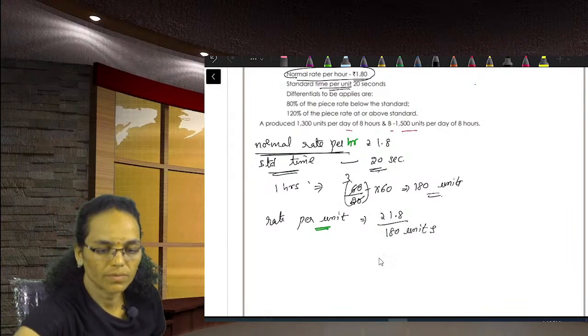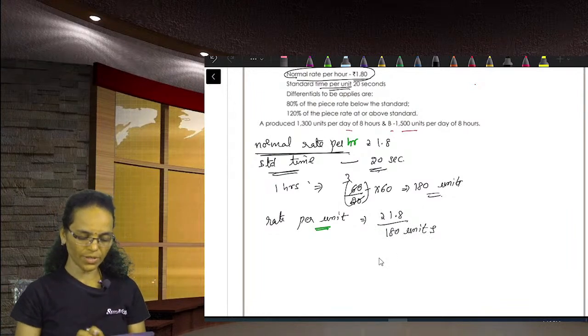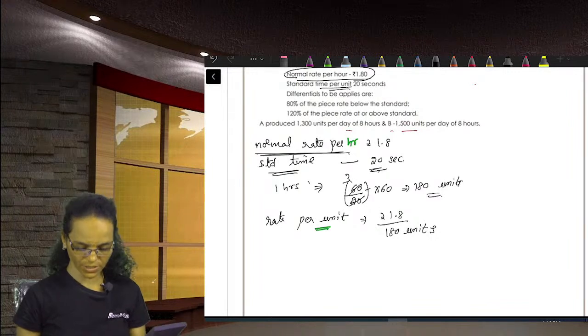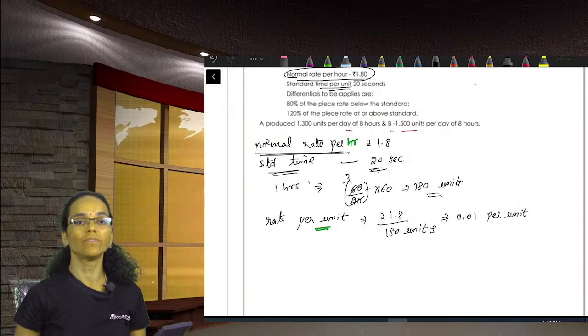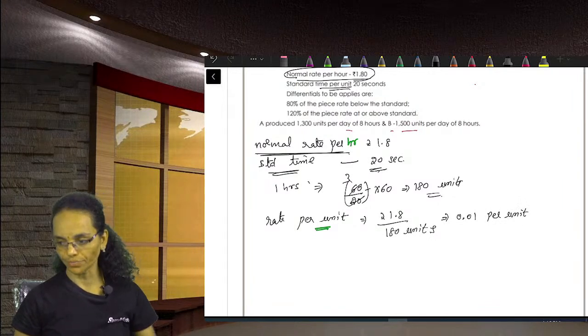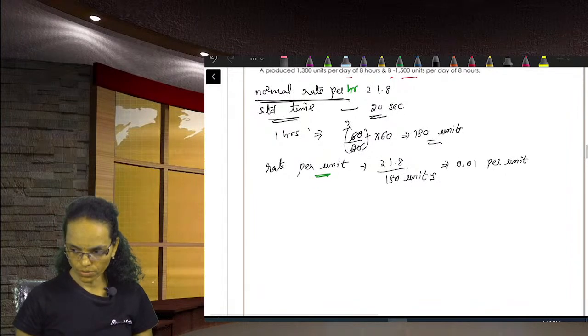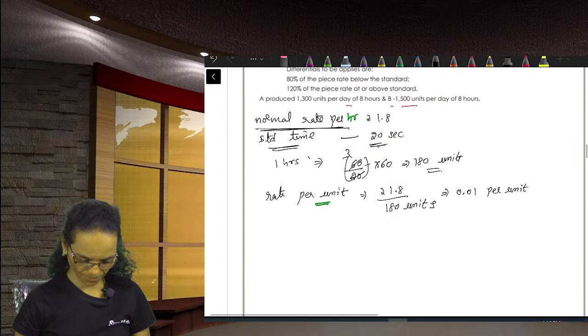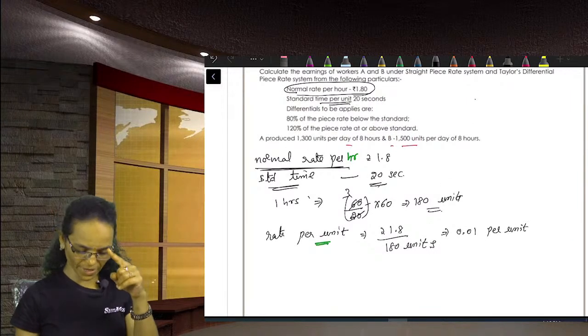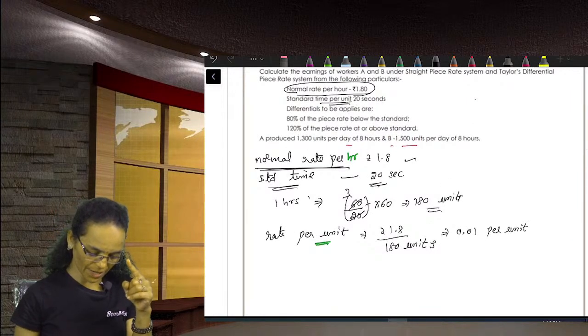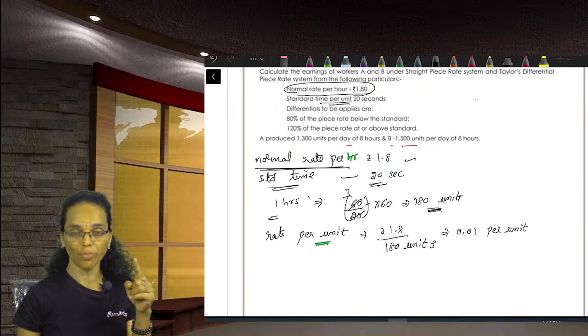So 1.8 divided by 180 is 0.01 paisa per unit. So what we have seen is the normal rate, how many units are to be produced in 1 hour, and the rate per unit.